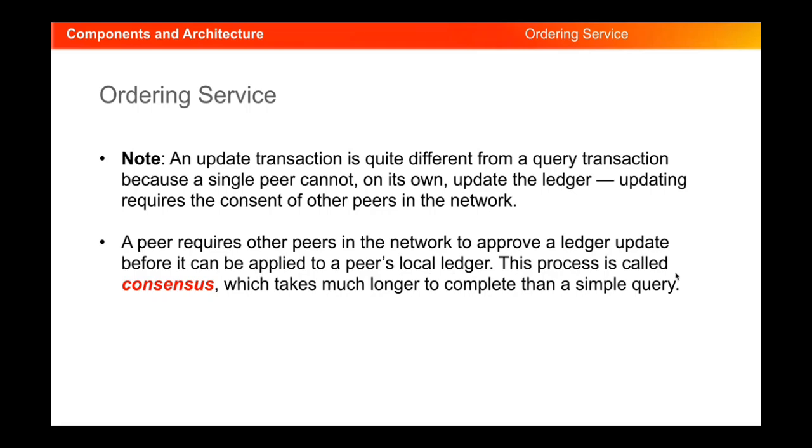This process is called consensus, which takes much longer to complete than a simple query. As we know, a query is a simple process where you ask for some input, you query the ledger and you will get the output.